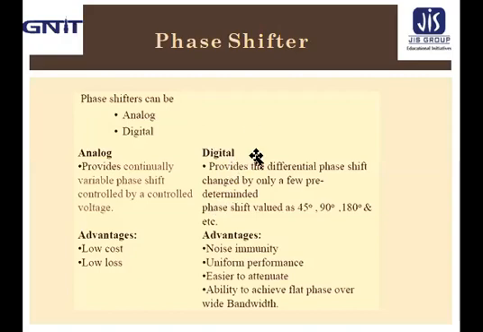And a digital phase shifter provides a differential phase shift, which is changed by only a few predetermined phase shift values, that is 45 degrees, 90 degrees, 180 degrees, etc. And what are the advantages? Noise immunity, uniform performance, easier to attenuate, ability to achieve flat phase over wide bandwidth, also higher power handling capability.